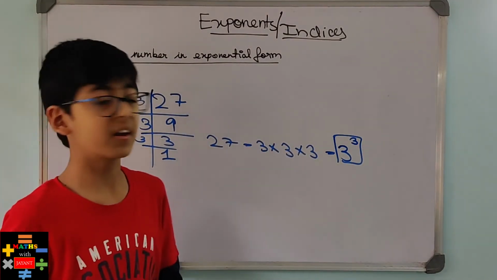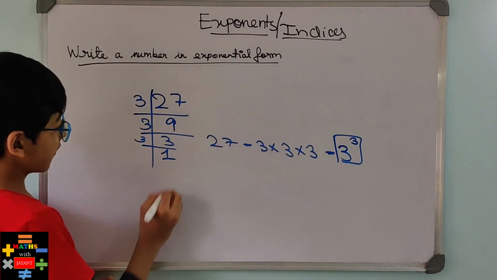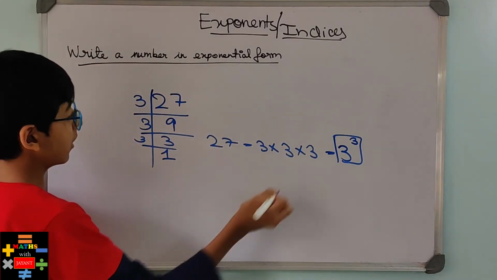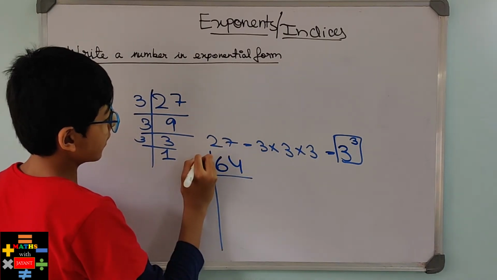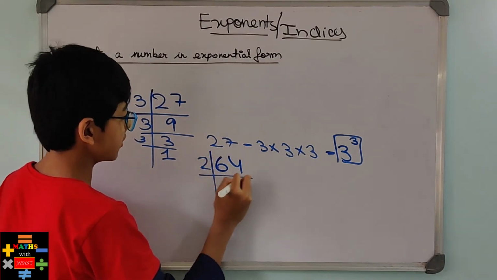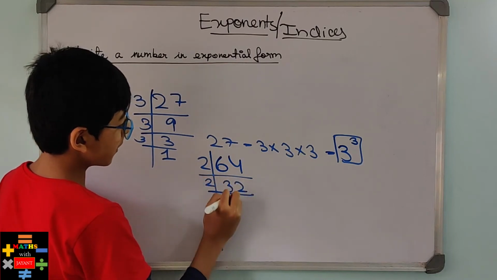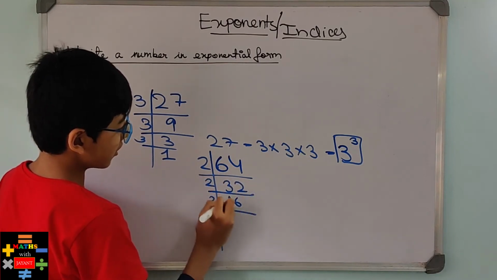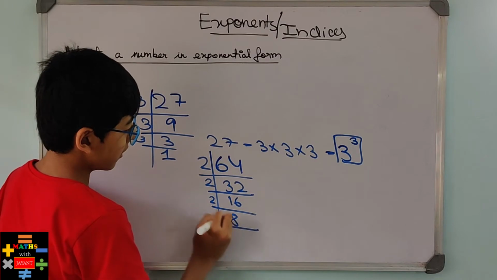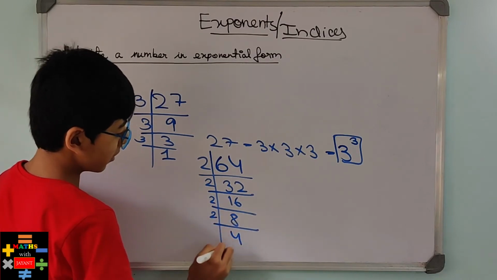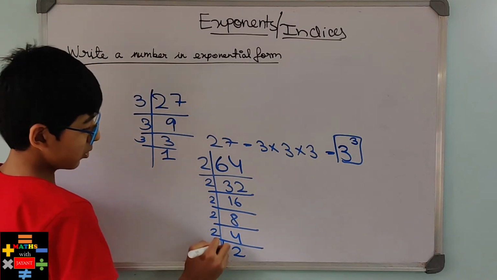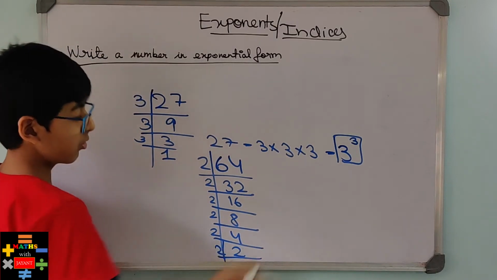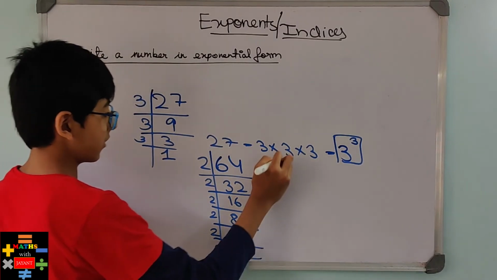Let us take another example. 64. Now 64 divided by 2 gives us 32. 32 divided by 2 gives us 16. 16 divided by 2 gives us 8. 8 divided by 2 gives us 4. 4 divided by 2 gives us 2. And 2 divided by 2 gives us 1. I'll write 1 over here.